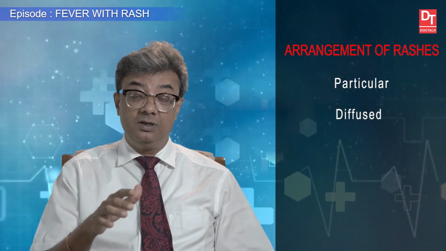Now, arrangement of the rash. The arrangement may be within a particular dermatome like herpes zoster, may be diffuse whole body, may be in a particular area like acral parts, hand and foot.